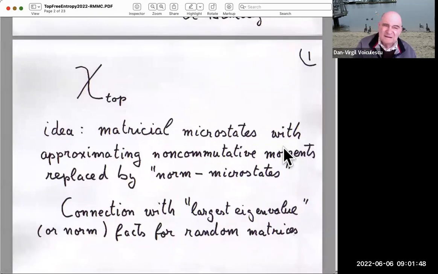So it's an idea which resembles a bit also what happens with dynamical entropy.